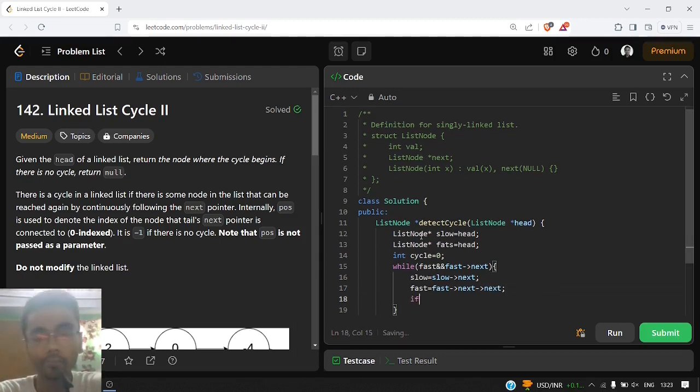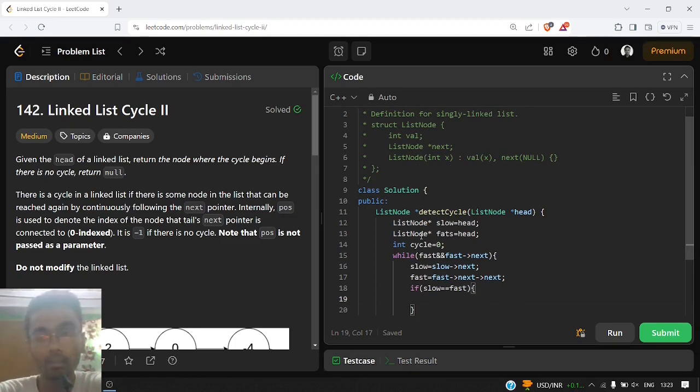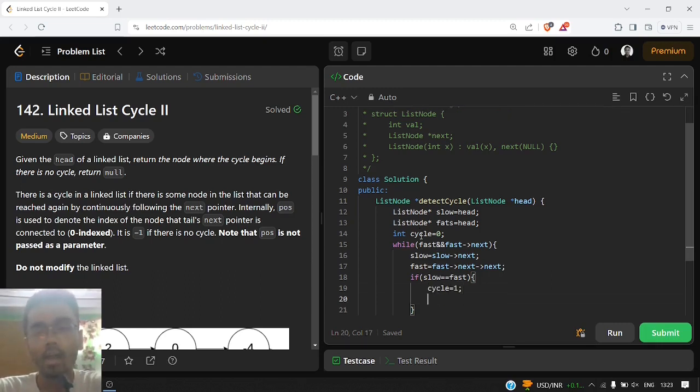Now if there is a particular node where this slow pointer as well as this fast pointer meets, that means there is a cycle. So we will mark cycle as true or cycle as 1. And since we know that there is a cycle in the linked list, we don't need to iterate now again.